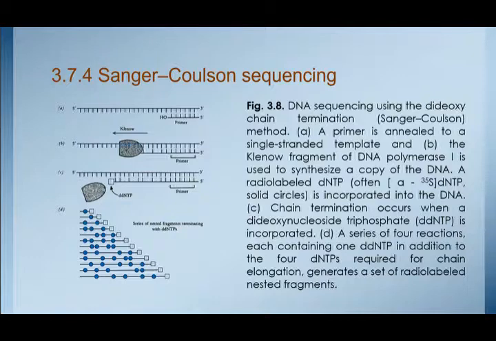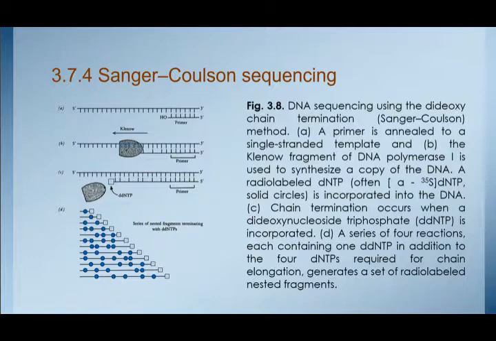According to Figure 3.8, Part A, a primer is annealed to a single-stranded template, and the Klenow fragment of DNA polymerase I is used to synthesize a copy of the DNA. A radio-labeled dNTP, often sulfur-35 dNTP, is incorporated into the DNA.